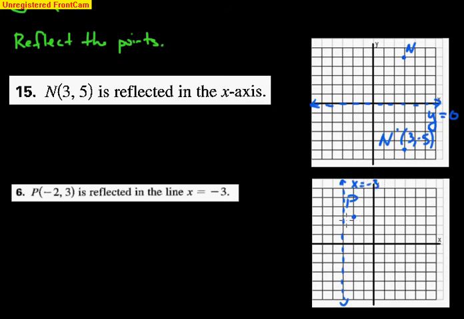So again, same distance to the right and left. So we're 1 away here, so we need to go 1 over here. And there is my P prime. And your P prime is going to have coordinates negative 4, 3. So again, here the x changed. And there's just some basic reflections in the coordinate plane.